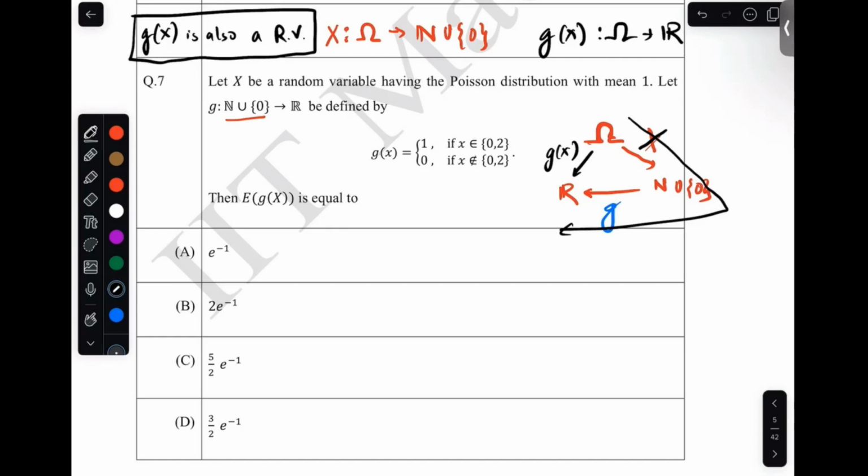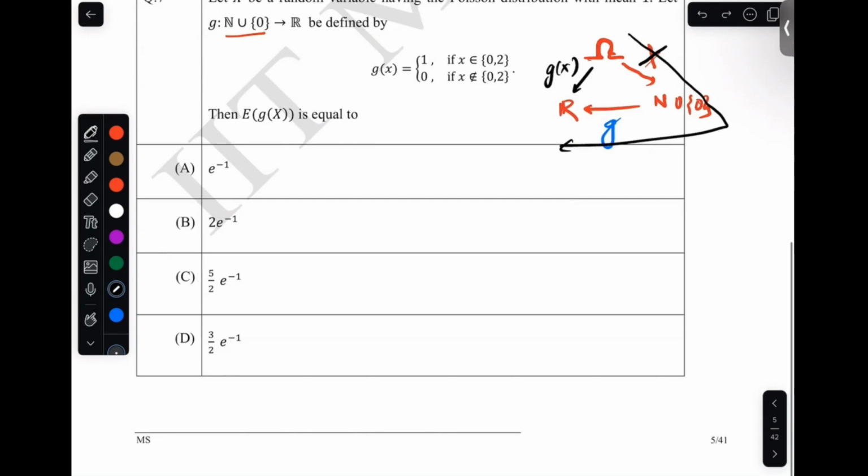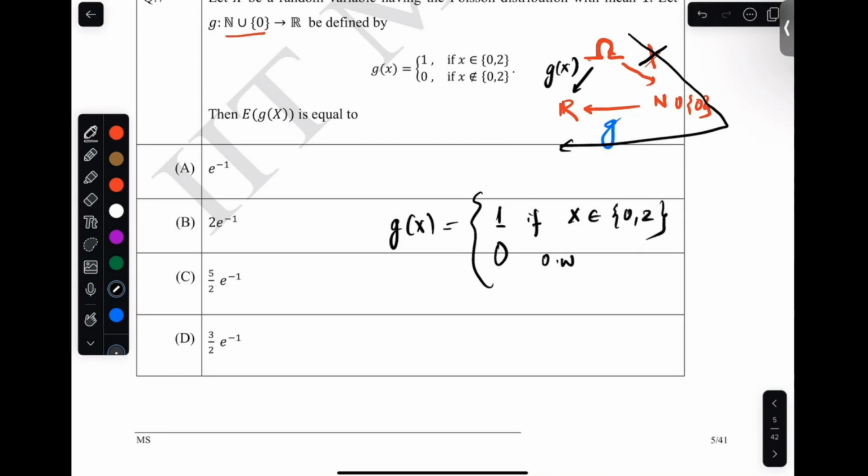Now this kind of random variable is called an indicator random variable. So how do you write it in a proper way? You write it like g of x is 1, it's kind of a Bernoulli random variable too, if x belongs to {0, 2} and 0 otherwise, right?